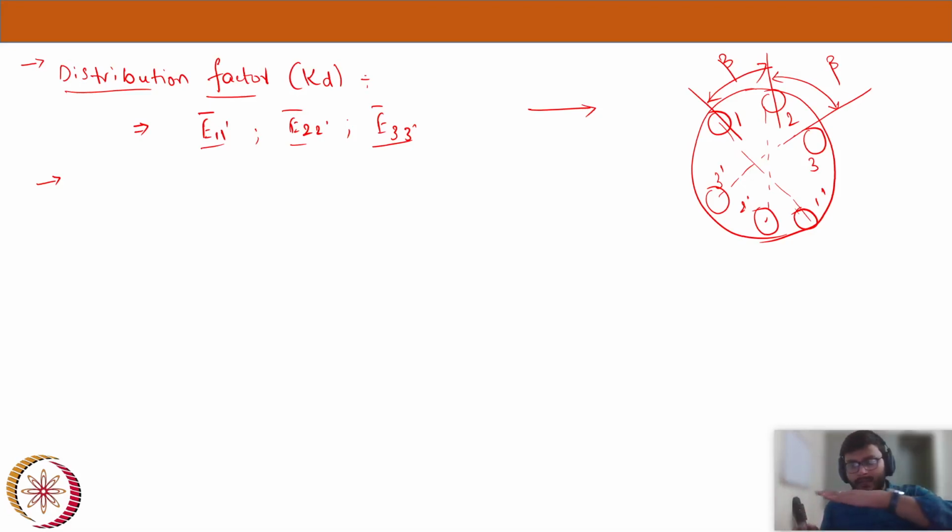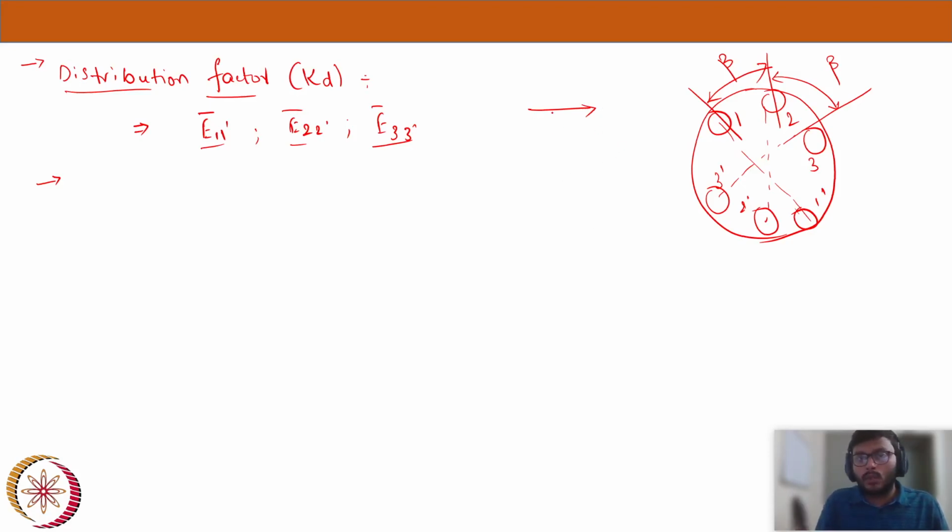Let's say the machine is like this, and my field is moving. First, my coil 1 will see the magnetic field, and after beta degree displacement, my second one will see it. So there is a beta degree lag between the flux seen by the second coil with respect to the first coil.